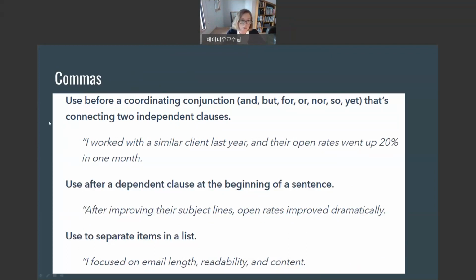So: "I worked with a similar client last year, and their open rates went up 20% in 1 month." You can see we've got a comma before the conjunction here. And here, you can use it after a dependent clause at the beginning of a sentence. And then here, we're using commas to separate items in a list.